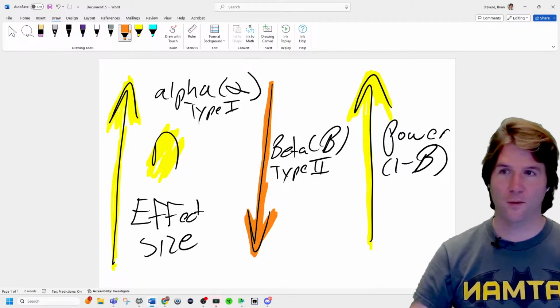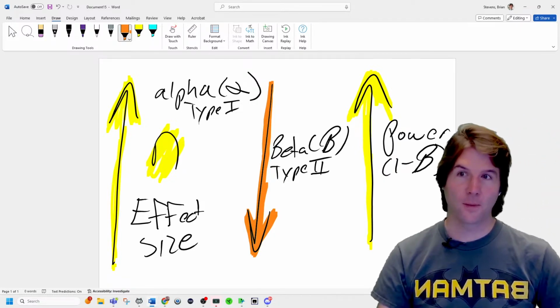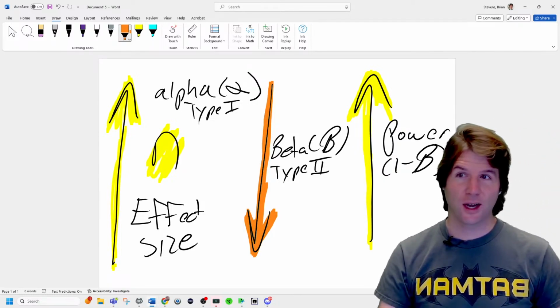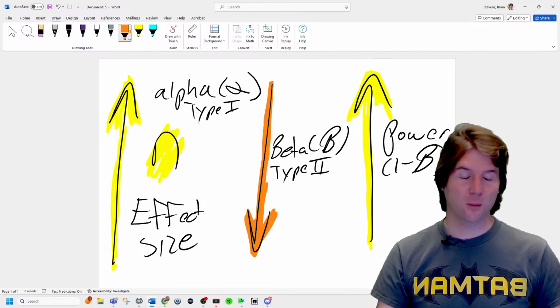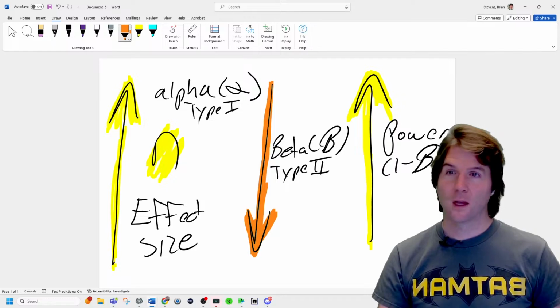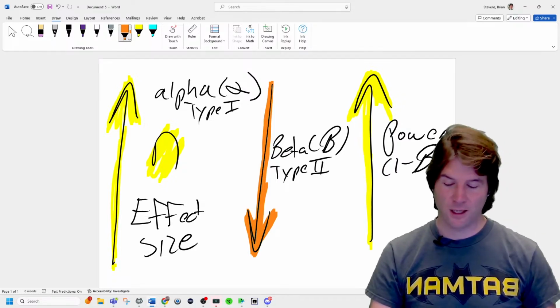It'll be more powerful. The problem, though, is increasing alpha gives you more type 1 errors. Imagine you wanted to find everybody who's sick. A type 1 error is a false positive, right?